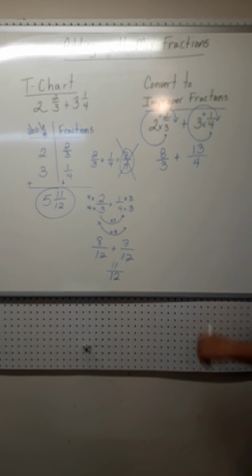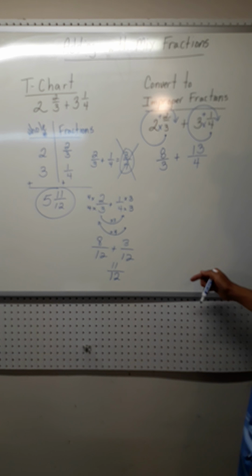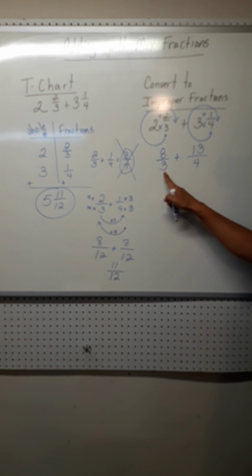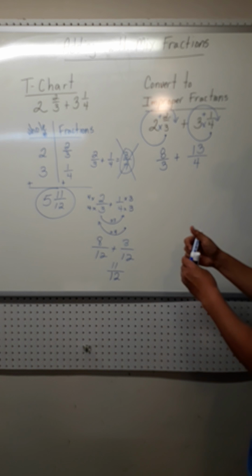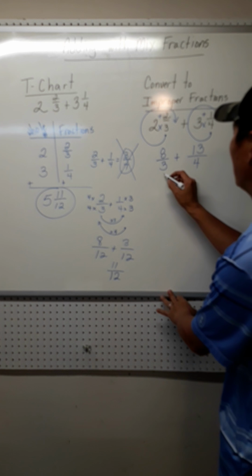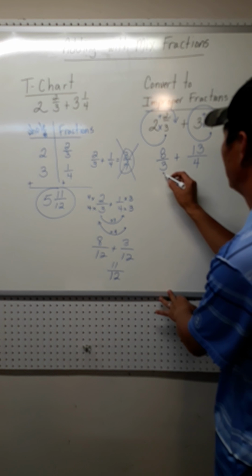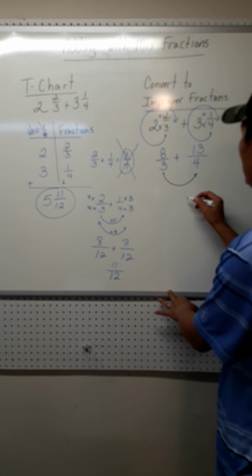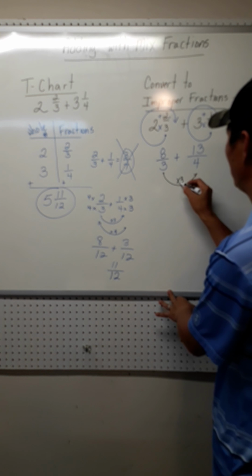You can see that the fraction is getting a little larger, but we'll still get to the same answer. Again, I'm going to use my swing method just like I did before. I take this 3, put it in a basket, and bring it over to the other side, times 3.